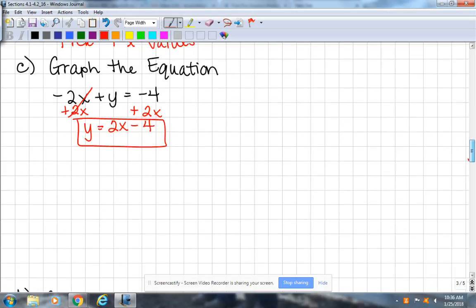Now, y'all, we're going to be smart about how we pick our own x's, because we only have little small pieces of paper, right? And I have even fewer grids on my screen as you do on your paper. So we want to pick numbers that are going to make us have the smallest graph possible, right? Because I don't know about you, but I don't want to be graphing points that are like 10, 152.